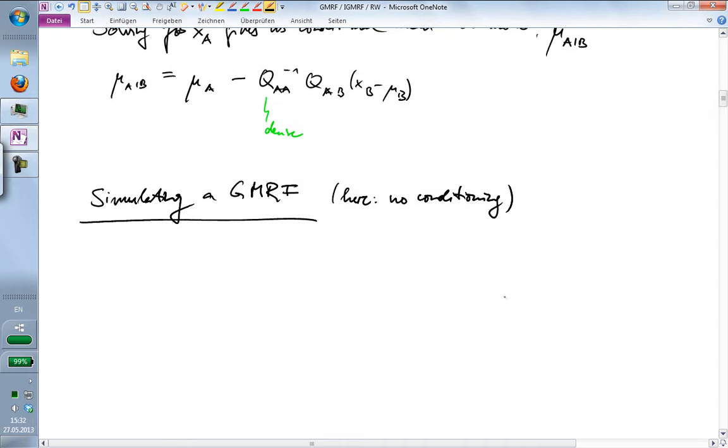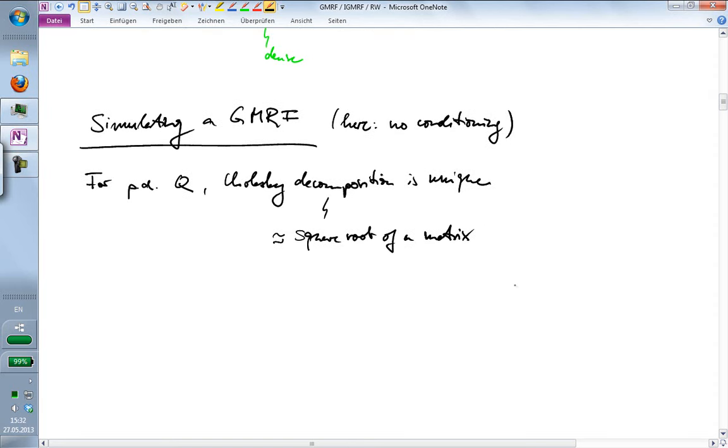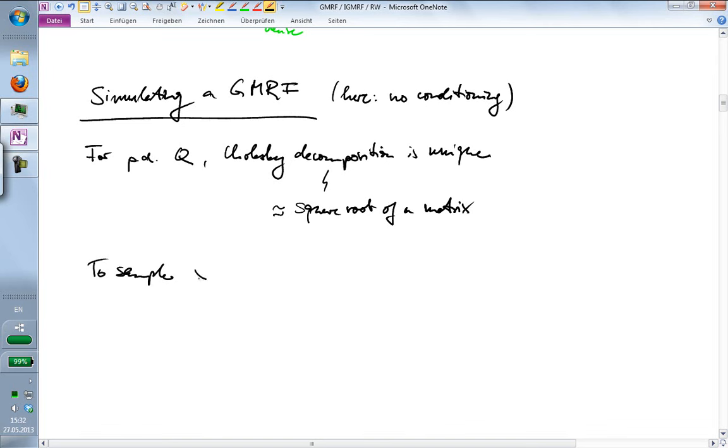And the Cholesky decomposition, it's what is colloquially known as more or less taking the square root of a matrix. So to sample from a normal distribution with covariance matrix Q minus 1, so we're only given the precision matrix, we do the following.